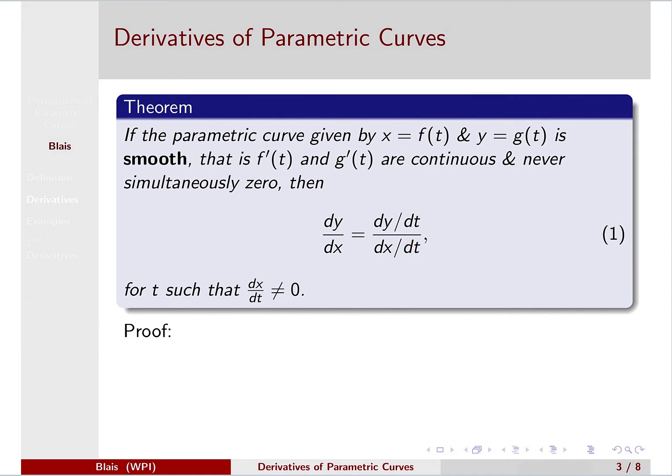It's a quick application of chain rule. We know that dy/dt by the chain rule is dy/dx times dx/dt, and we see here that if we solve for dy/dx, we obtain this formula 1 here.